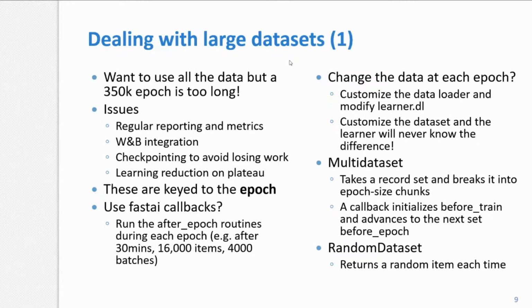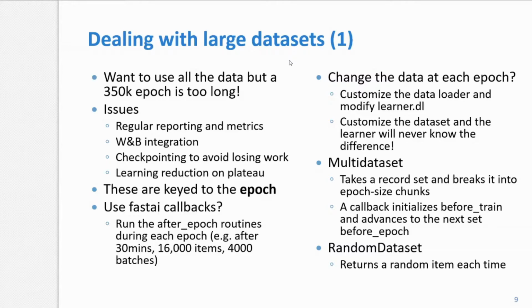And then the other thing, the one I worked with a little bit more, is what I'm calling a multi-data set, where you take a large record set, in my case, say 100,000 or so, and you chop it up into epoch-size, in this case 10,000 item chunks, and then use one of these epoch-size chunks at a time.